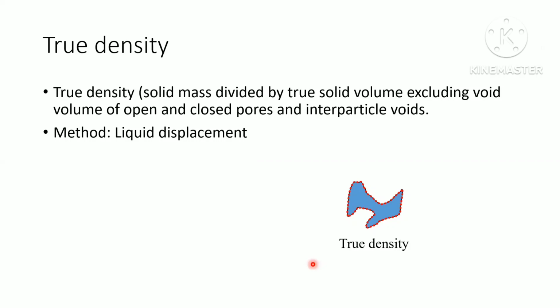Now what is the true density? True density is the solid mass divided by the true solid volume, excluding the void volume of open and closed pores and interparticle voids. So in determination of the true density, the volume we use is a true volume.